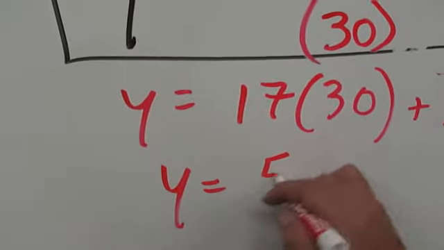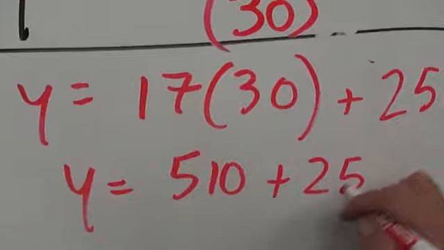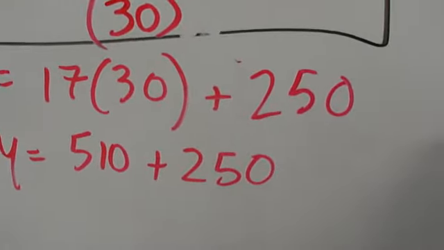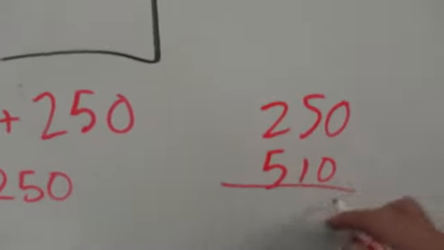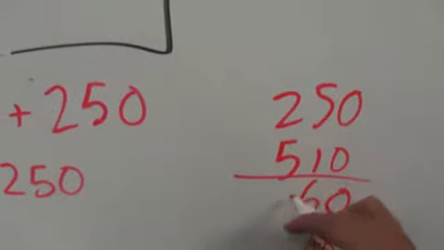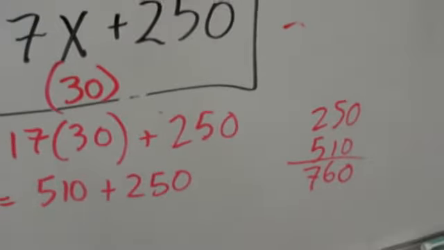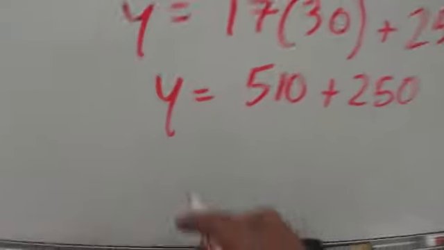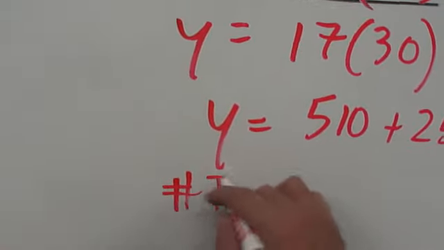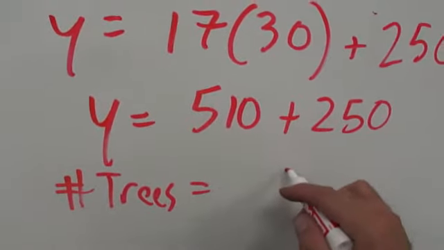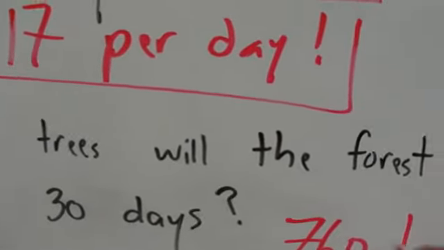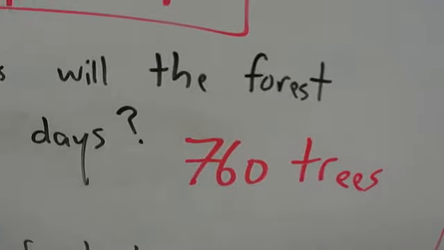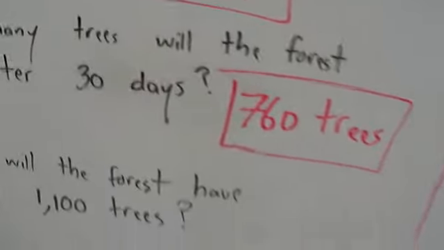So Y equals 510 plus 250, okay? So we can just write that out, 250 plus 510. Don't be afraid to write out something on the side. I do it all the time. So the answer is 760. So Rupert's going to have 760 trees after 30 days. This is like a multi-part problem, which is worth a lot, and you're going to see this on your midterm.